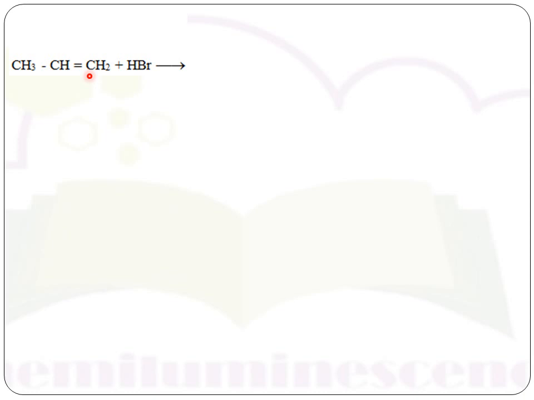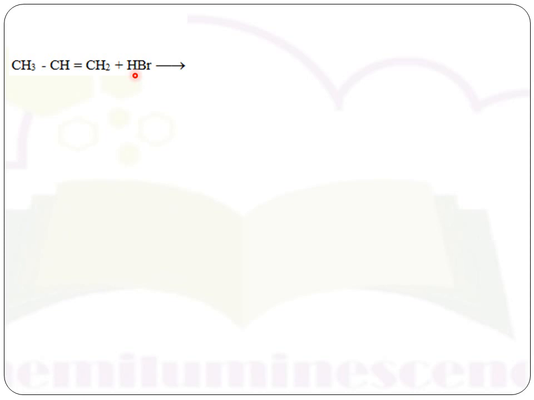Out of these two products, we can determine which one is major and which one is minor by using Markovnikov's rule. So it is said that when an unsymmetric reagent is added to an unsymmetric alkene, the negative part of the reagent is attached to that carbon which carries less number of hydrogen, and the product formed by this is obtained as the major product. Here you can see that two products can be formed.